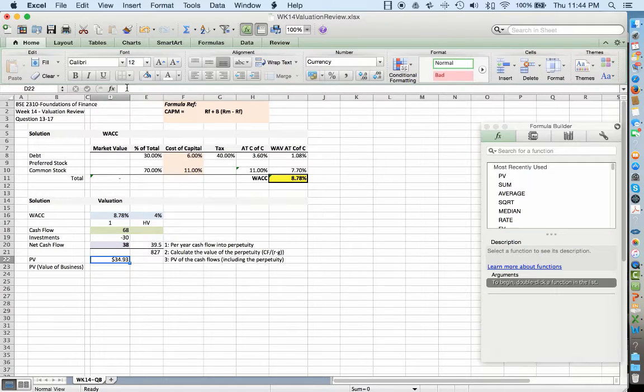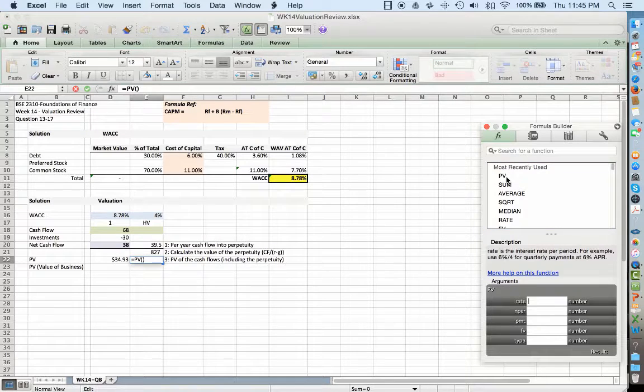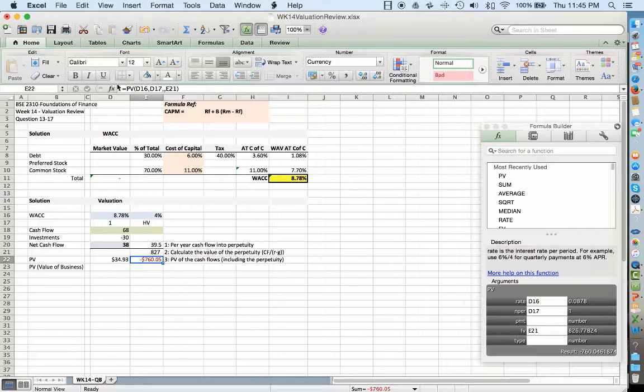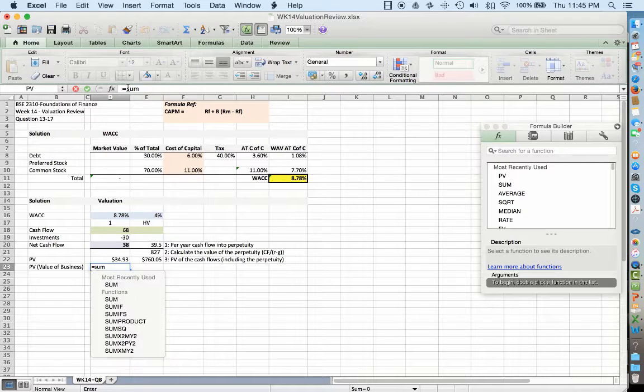And I'm going to do the same thing for the perpetuity, with a slight adjustment. The number of years, the NPER, is the same as 1 year prior to the horizon value, so it's 1. And then the future value is the total value of the horizon value, the forever value. Then I'm going to make that number negative as well, and then sum those two values together.